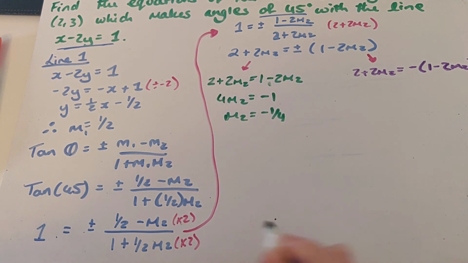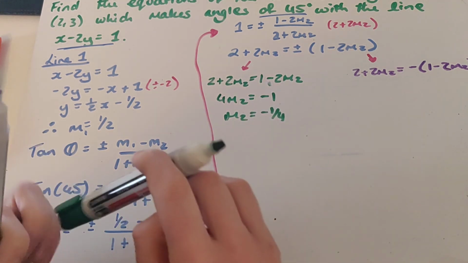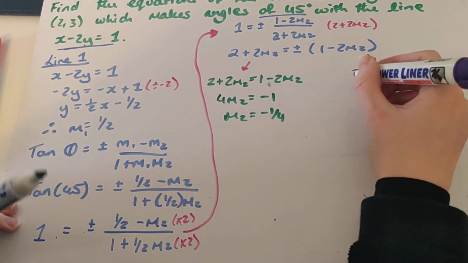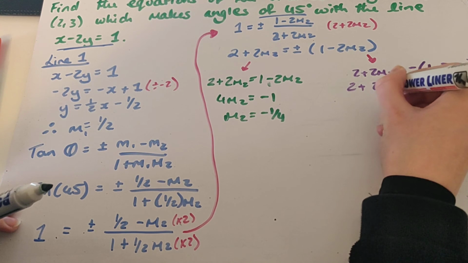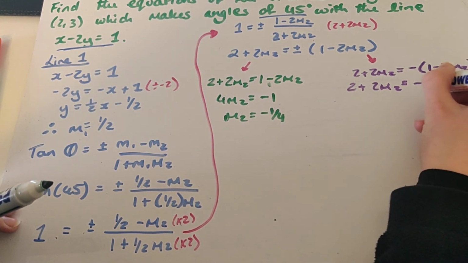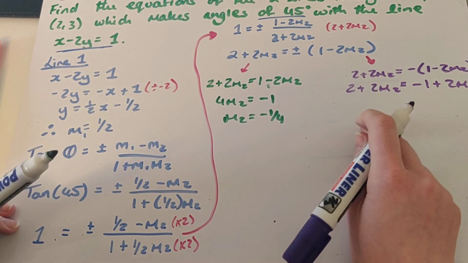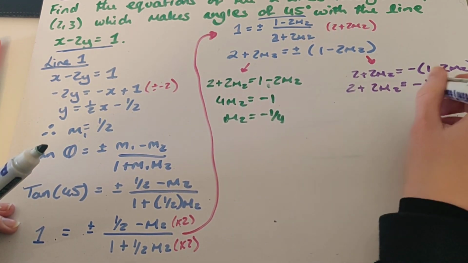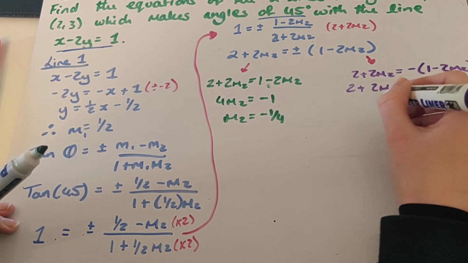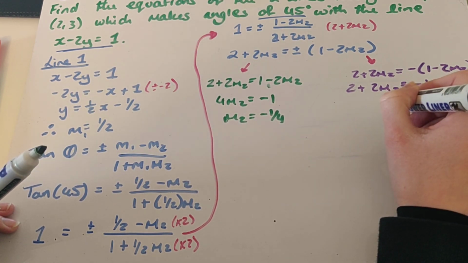Which means then that I'm going to do the same over here. Sorry. So now I have 2 plus 2m2 is equal to minus 1 plus 2m2, which means here now I'm going to bring my 2m2 over and they're going to cancel.